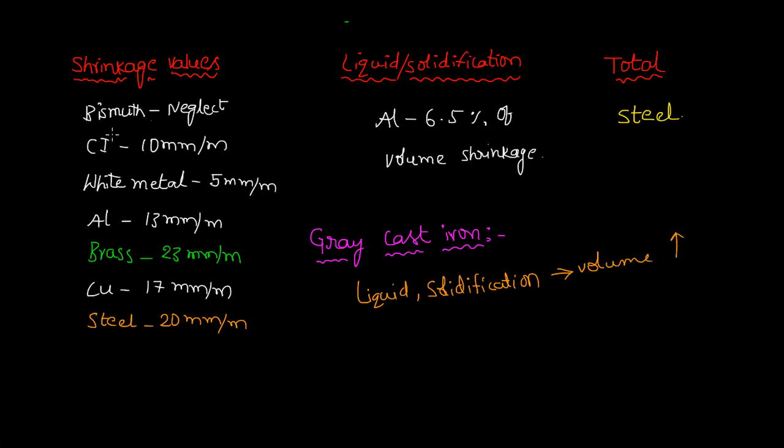Up to now, all the materials' volume gets contracted, right? The volume decreases on solidification, but here the grey cast iron will show a different nature, that on solidification the volume will increase.